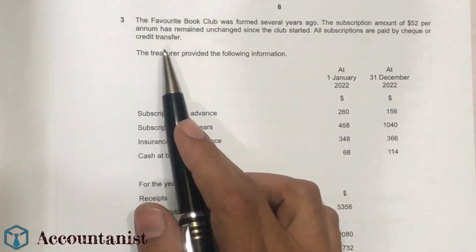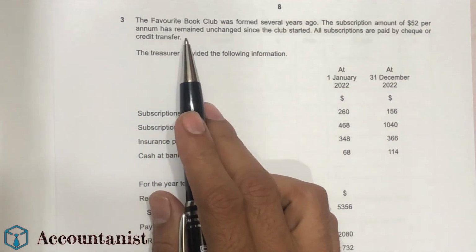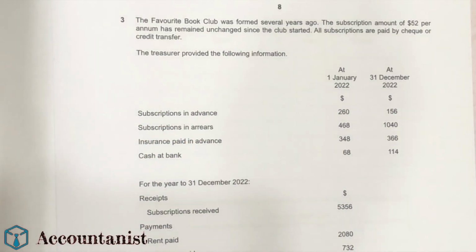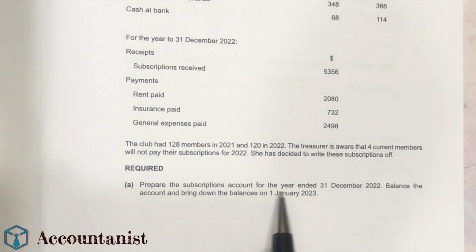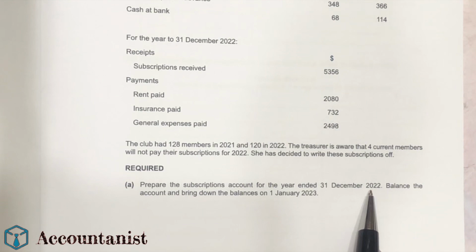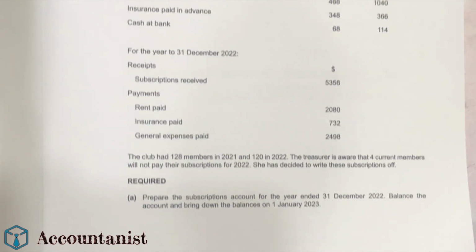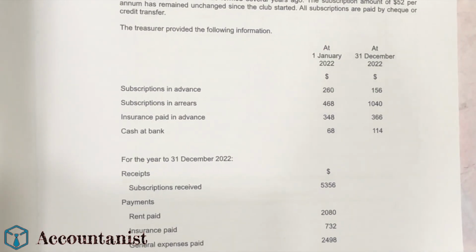Alright, so in the next question, question number 3, it says that we have to prepare a subscription account for the year ended 31st December 2022, balance the account and bring down the balance on 1st January 2023. So the question is about a favorite book club.